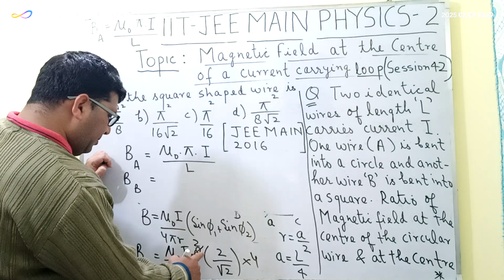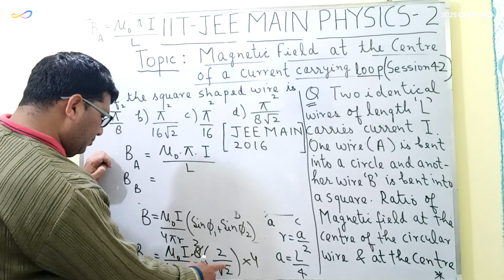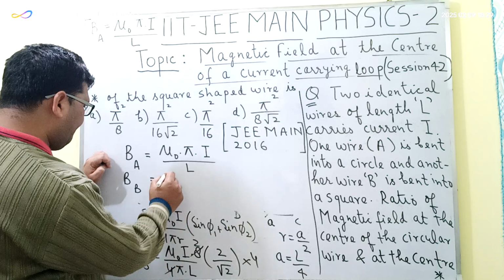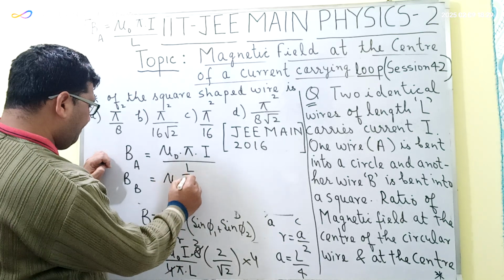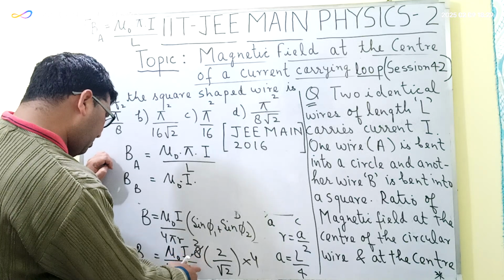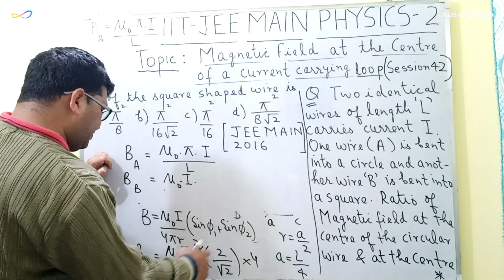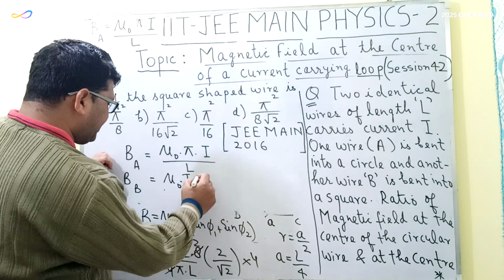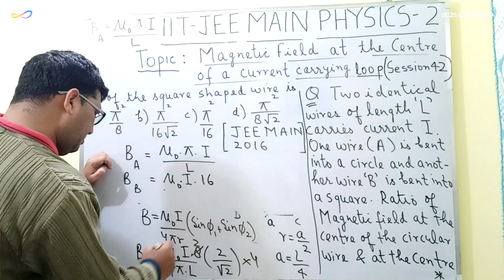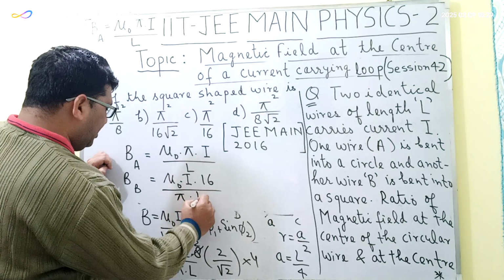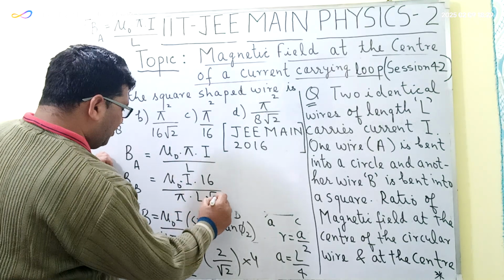So now I can write this as mu naught I, equal to 4 into 4 2, which is 16, divided by pi into L upon root 2.